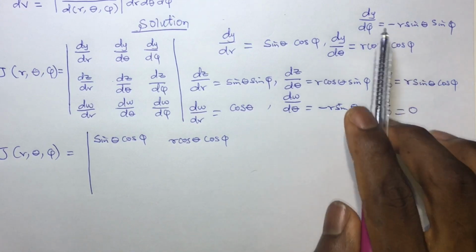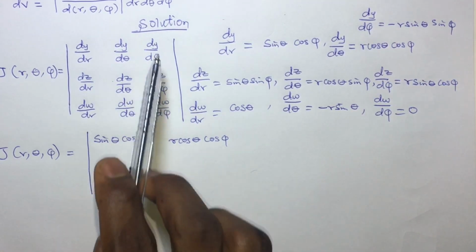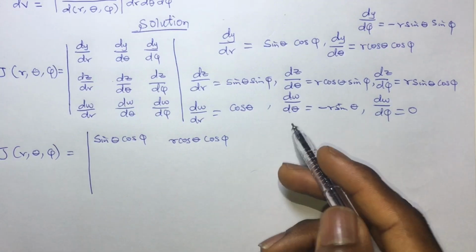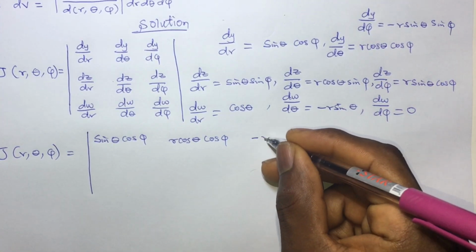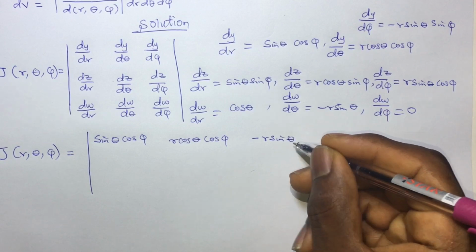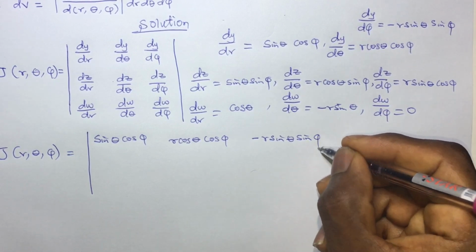Now next to the third one, we have the y over the phi, which is equal to negative r sin theta sin phi.